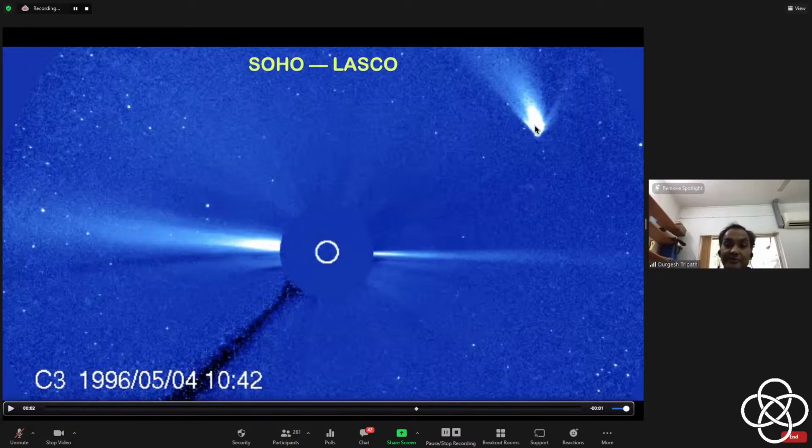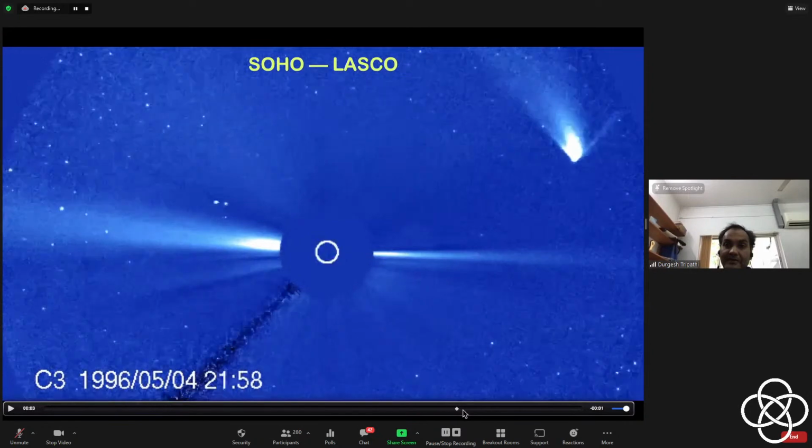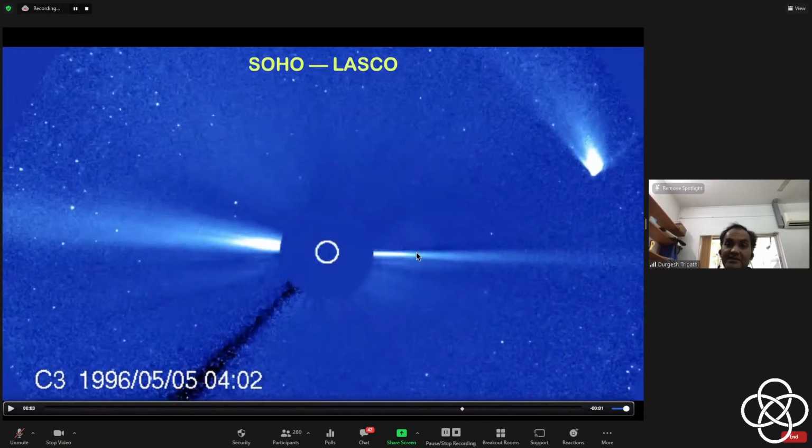If you observe this and monitor with time, you will see that while the comet is grazing, the dust tail is not getting affected, whereas the ionic tail will always point radially outward as it grazes and goes along. If I move it further, as you can see, the comet's ionic tail is always pointing radially outward.